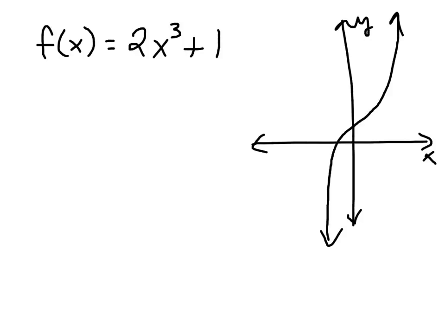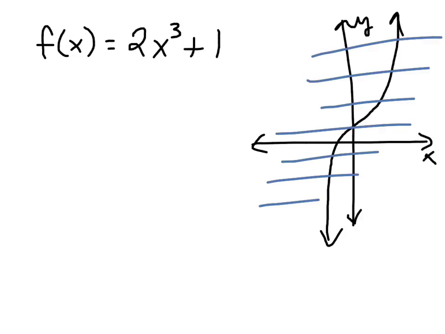If any horizontal line hits the graph more than once, it does not have an inverse. Okay? So, horizontal lines, left to right, does that hit the graph more than once anywhere? It doesn't, right? So this will have an inverse.